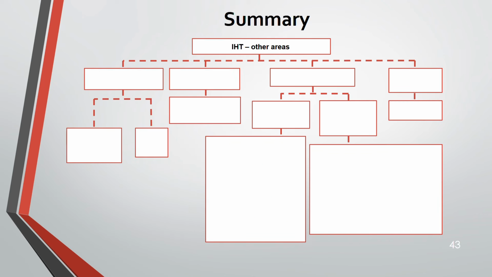Now, the whole summary of the lecture. So here, IHT focuses on other areas that were not covered in lectures 13 and 14: the overseas aspect, the domicile status and the deemed domicile, and the DTR, that is double taxation relief. Then how the payment of IHT is done, the normal due dates, 10 equal installments.